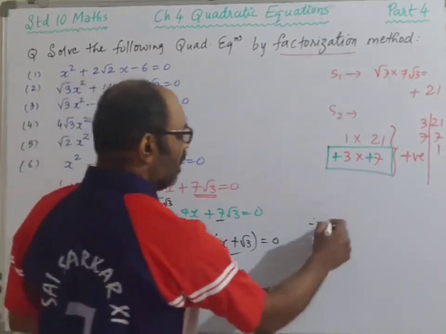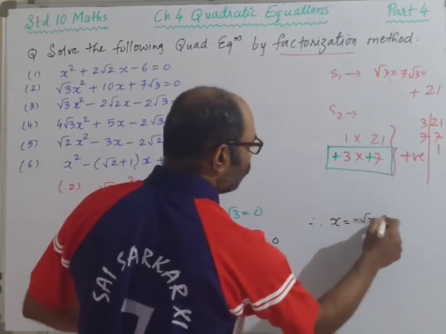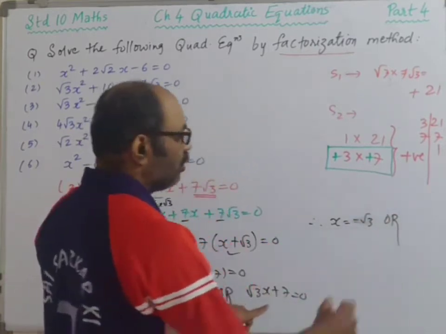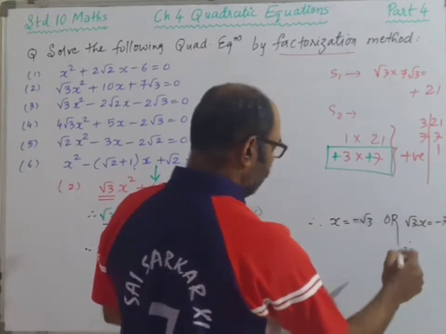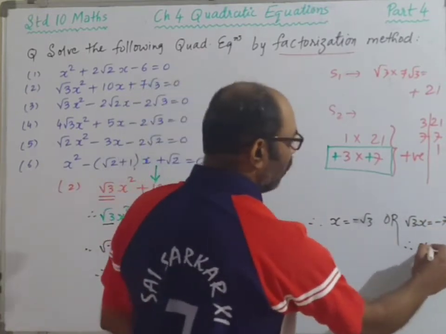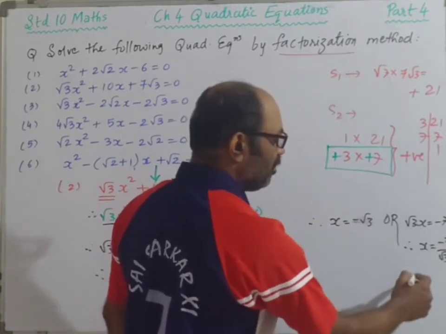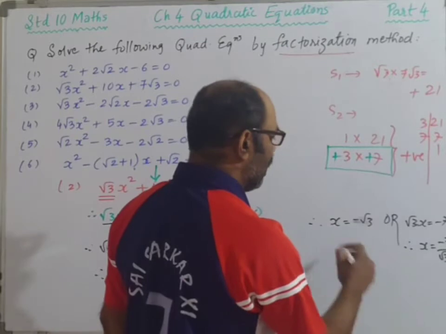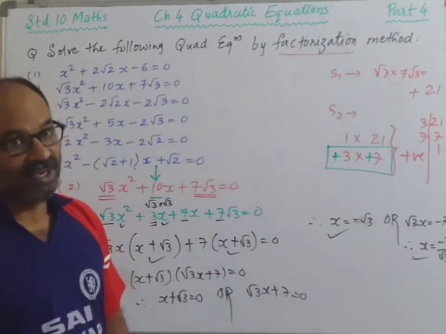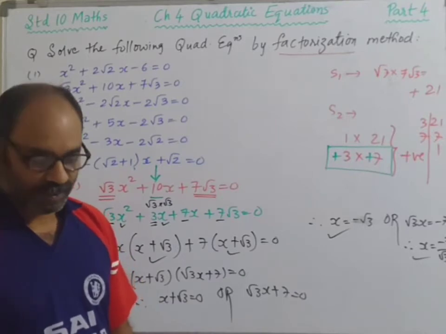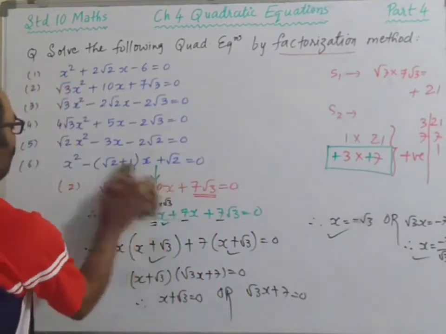Therefore, this x is equal to minus root 3 or this is root 3x is equal to minus 7. Therefore, x is equal to minus 7 upon root 3. If you want to rationalize you can, otherwise keep it like this. So these are the two roots. Here also you got irrational. Correct children? Okay. Moving on to the next one and that is number 3.